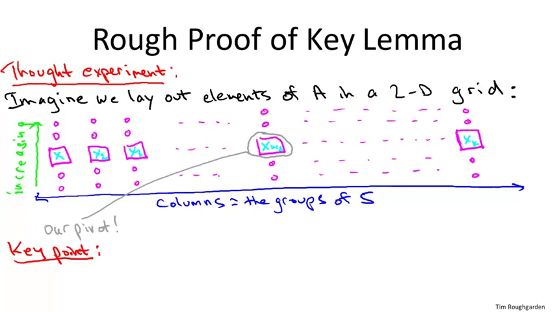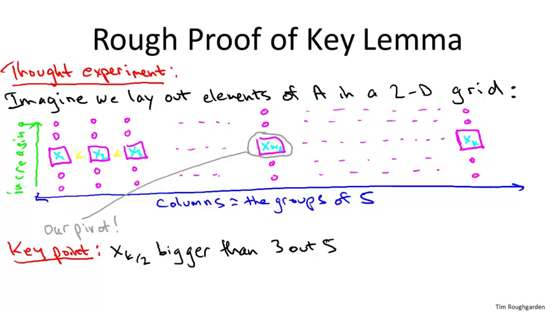So why is there at least 30% of the stuff below the pivot? Why is the pivot bigger than at least 30%? Well, it's bigger than everything to the left and everything below the stuff to the left. That is, we know that x_{k/2} is bigger than the k/2 minus 1 elements that are to the left of it, those other middle elements.